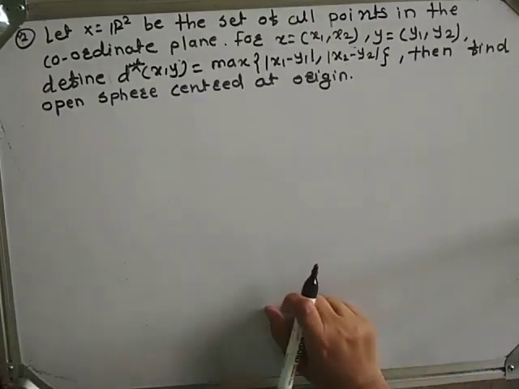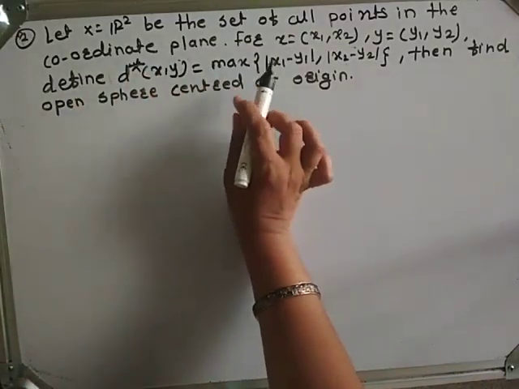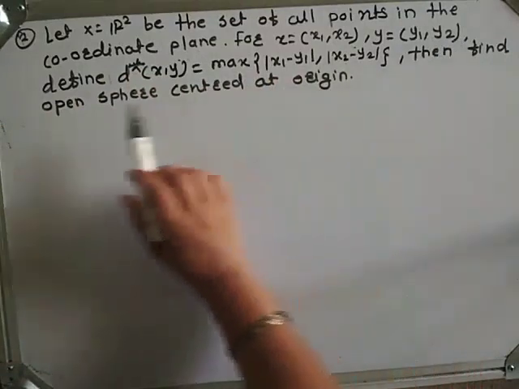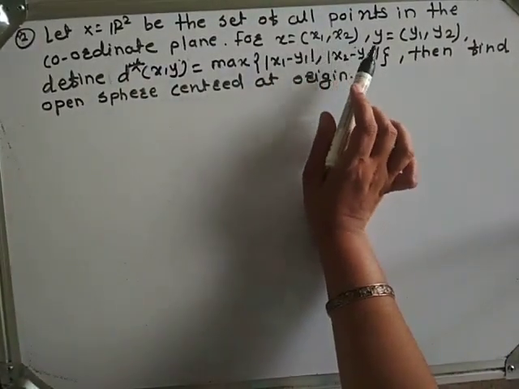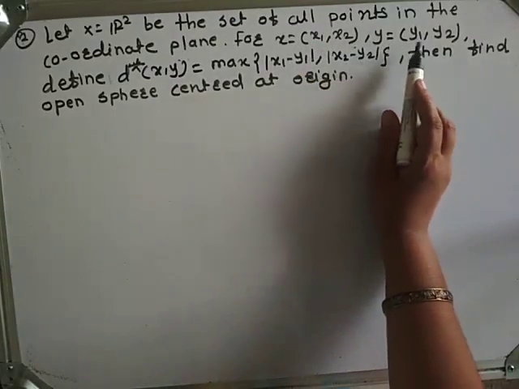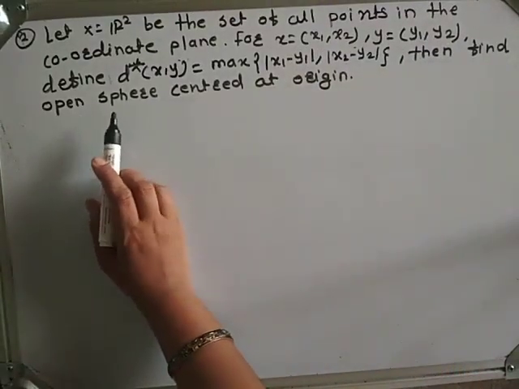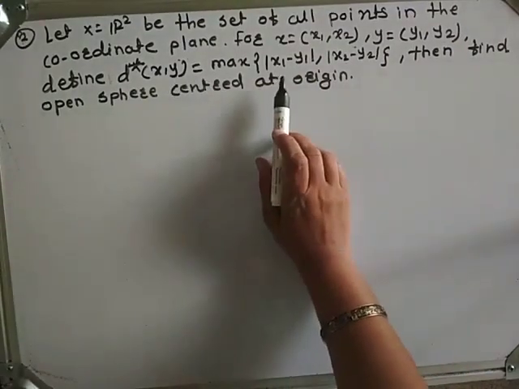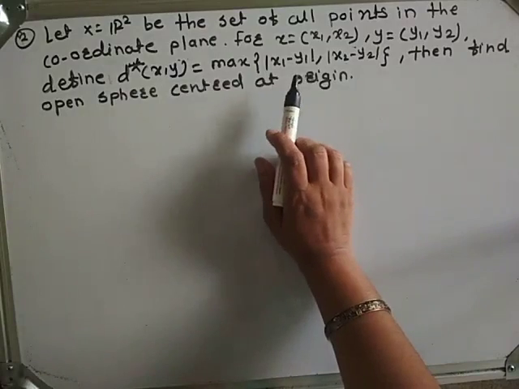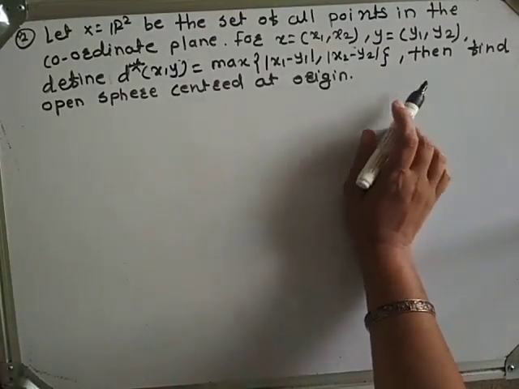Now we will see the second example. Let X = R2 be the set of all points in the coordinate plane. For x = (x1, x2), y = (y1, y2), define d star of (x, y) = maximum of |x1 minus y1|, |x2 minus y2|.